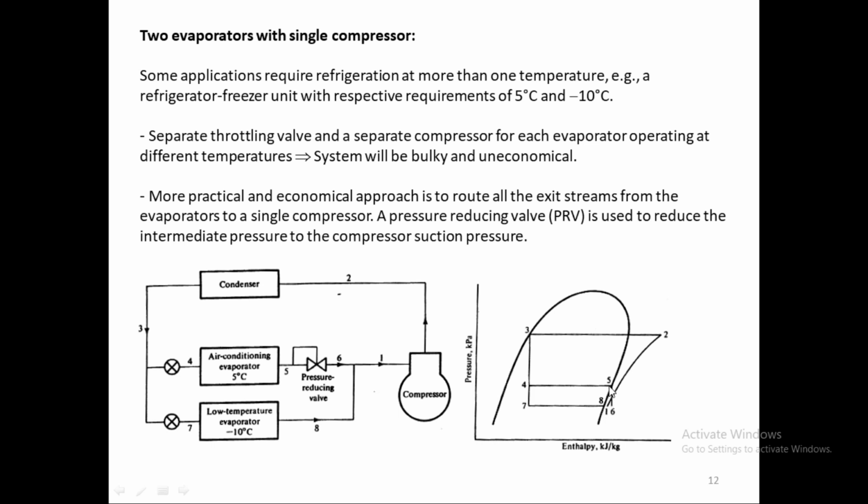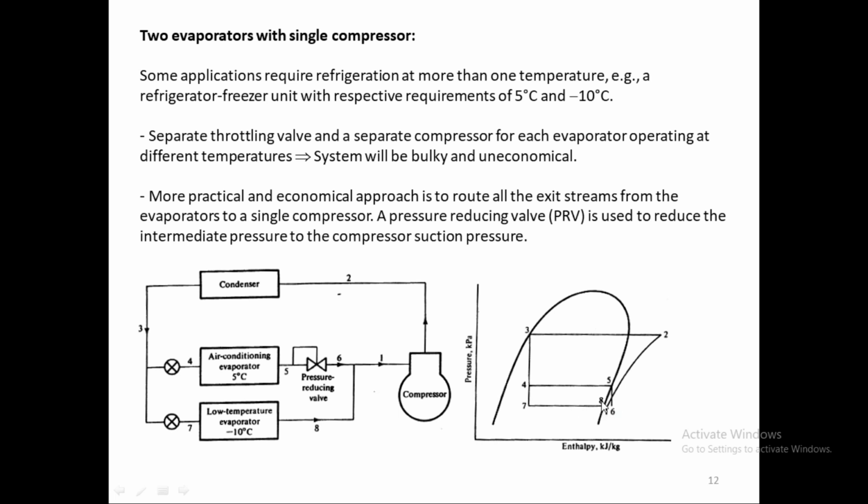So we have to drop this high pressure vapor to this one, reducing this pressure to pressure 6 or pressure 1. We have to use a pressure reducing valve, that's here. And then the remaining refrigerant will go to state 7 through this expansion valve, go to the lower stage evaporator and evaporate, producing some cooling effect here, and then it will come to state 1.